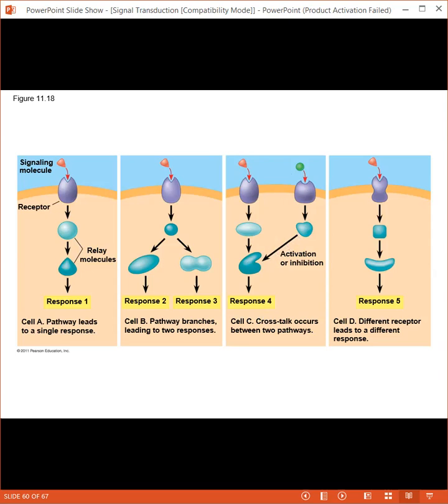And you can understand that inside the cell these kinds of crosstalks among the pathways are a very usual phenomenon, and thus they can generate a huge network of cell signaling.